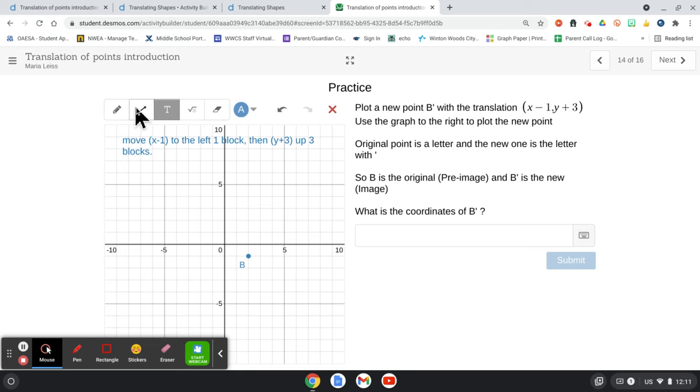So I'm going to get my pencil tool and a different color, the red this time. I'm going to start on that point, go to the left 1 block, and then up 1, 2, 3. And what point is that? Right now, that's over 1 and up 2, so it's at the ordered pair 1, 2.